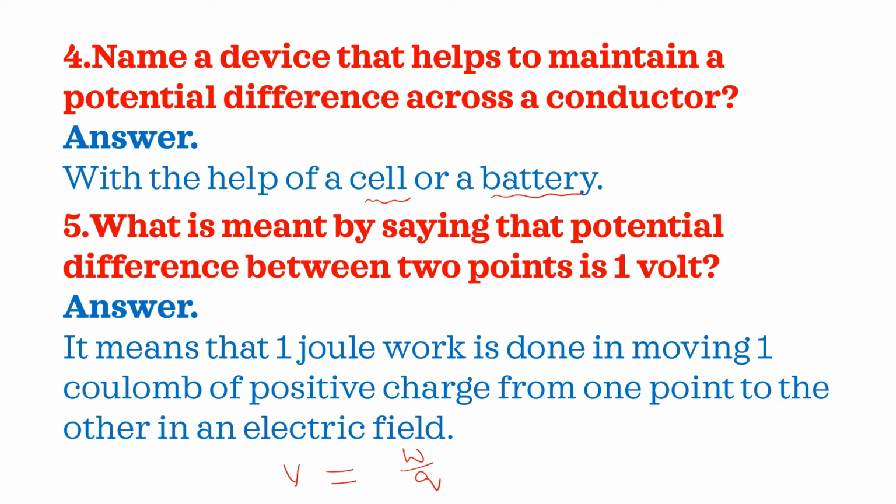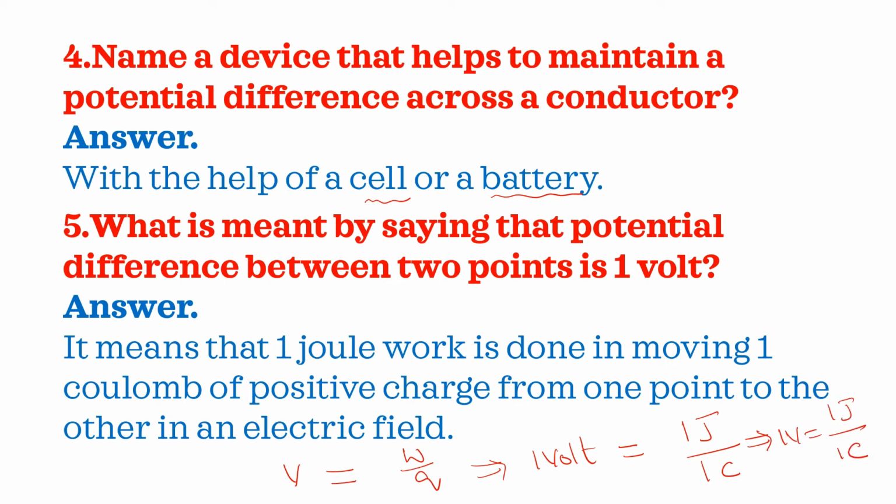Potential difference is measured in volts using a voltmeter. So 1 volt is equal to work done in joules by charge in coulombs. So 1 volt is equal to 1 joule by 1 coulomb.